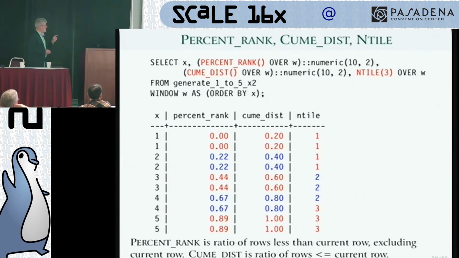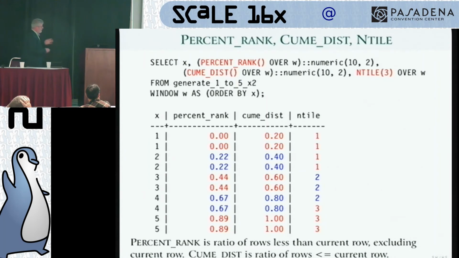And there are some reasons for that, particularly because if you have one person who's highest, there's really no one less than him, so he's really greater than 100% of everybody, but if you count him or her, then you're like, that's not really 100%. So there's all the goofy things going on. Cumulative distribution is a little easier because you include yourself, so therefore 100% of the people are equal or less than me. 80% of the people are equal or less than me, all the way down.